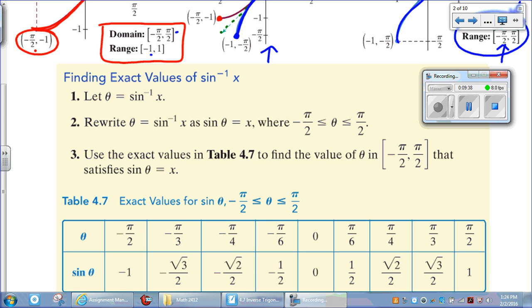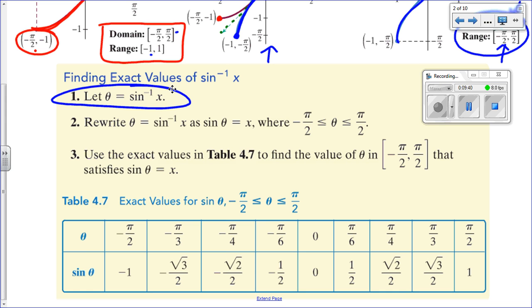So why do we care about the sine inverse function? What we're going to do with the sine inverse function is the opposite of what the sine function does. So what does the sine function do for us? In this case, for the sine function, we have an input that will be an angle, right?